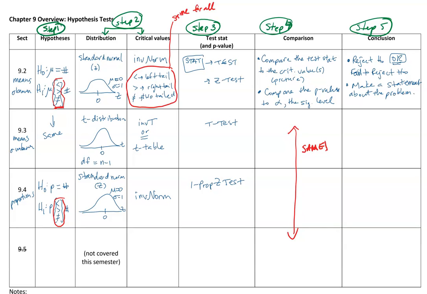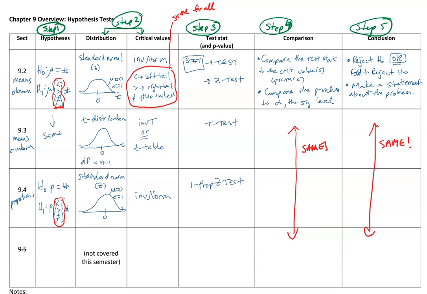Either we support the alternative hypothesis or we don't. Moving forward, it's not always going to be that way, but for this chapter it is. So first you talk about the null, reject it or fail to reject it. Then you talk about the alternative. Either you support the alternative or you fail to support it, that kind of a thing. And then guess what? Again, the same for all sections. That final conclusion is the same thing. So good things to practice.